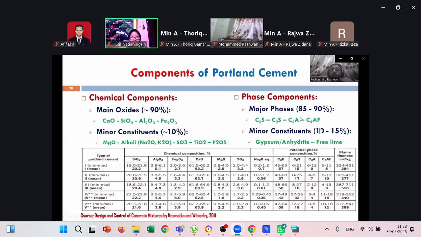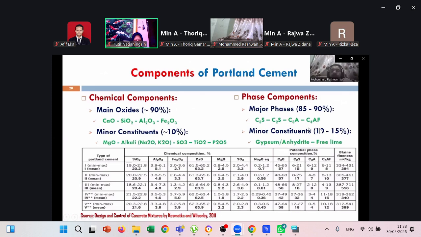Regarding the base composition, Portland cement is composed 85 to 90% of C3S, C2S, C3A, and C4AF, which are abbreviated from tricalcium silicate, dicalcium silicate, tricalcium aluminate, and tetracalcium aluminoferrite, alite, belite, celite, and ferrite.